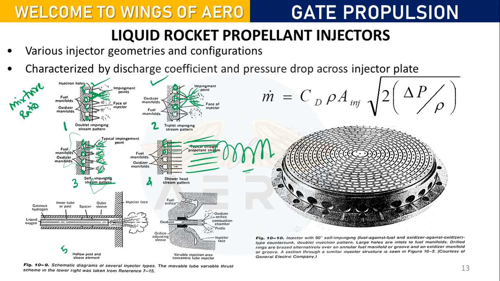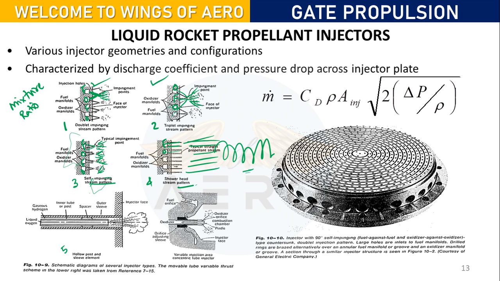Especially for the showerhead stream pattern, we need a very long combustion chamber, because when it sprays, we get some space where the oxidizer and the fuel come in contact and the combustion process proceeds. So this is one of the major disadvantages of the showerhead stream pattern.